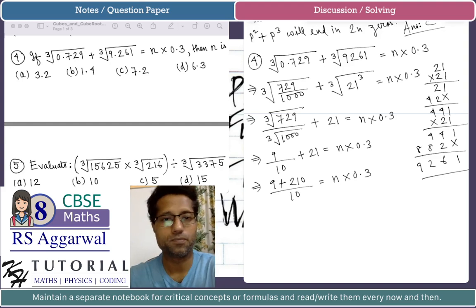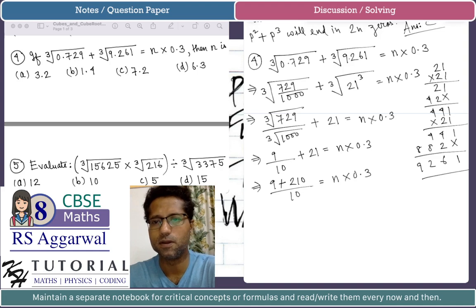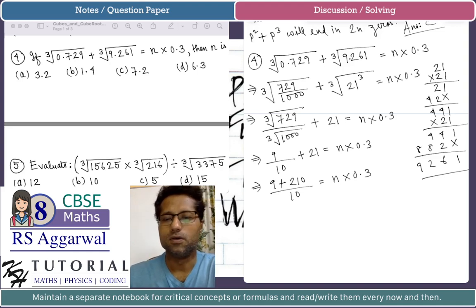Oh, sorry. The problem was not 9261 but 9.261. So this thing will not be 21 cube.